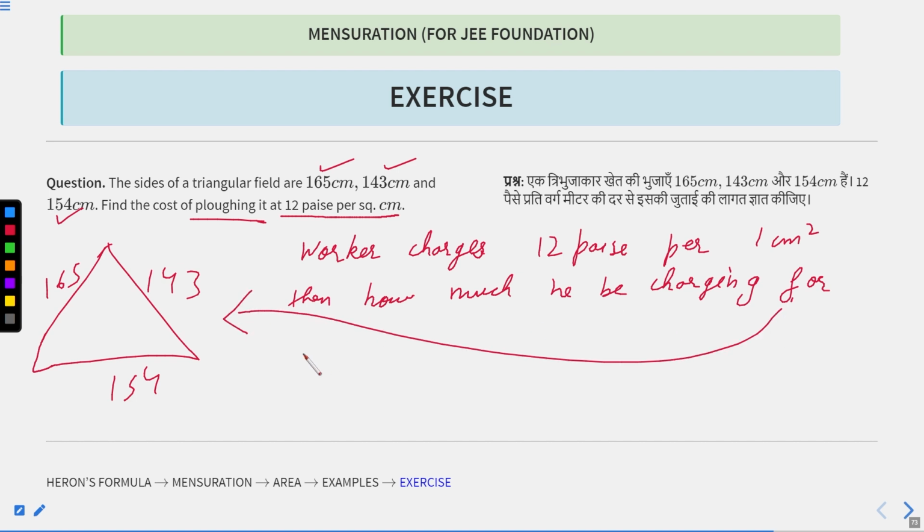That means we have to find out the area. As the centimeter square is given, that means he charges 12 paise per 1 centimeter square of area.